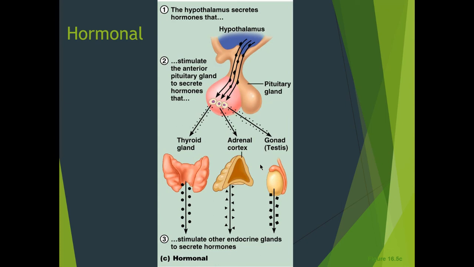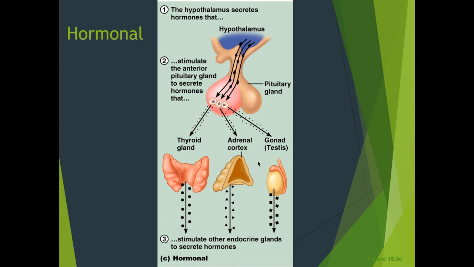Well, the way the hormones come out of or are released from the thyroid, the adrenal, and the gonad is because they're told to by the hormones from the pituitary. The pituitary releases those hormones because they're told to by the hormones of the hypothalamus. So the hypothalamus releases hormones that control the pituitary. The pituitary releases other hormones that control the thyroid, the adrenal, and the gonad.